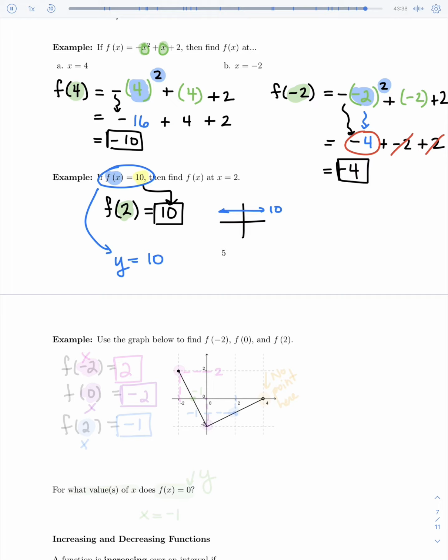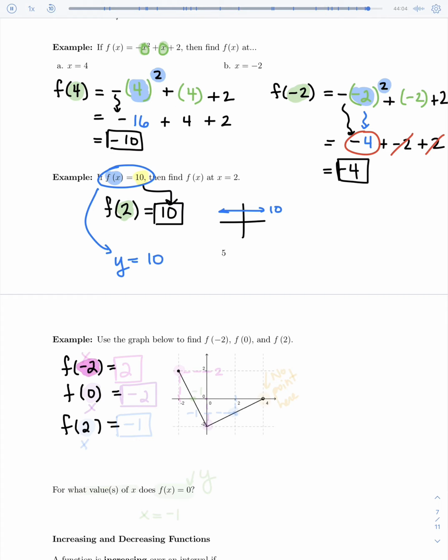There's one last one where we can do reading graphs and answering a couple of questions. So they want us to find f of -2, f of 0, and f of +2. Let's do these one at a time. Actually, let's do f of -2 first.